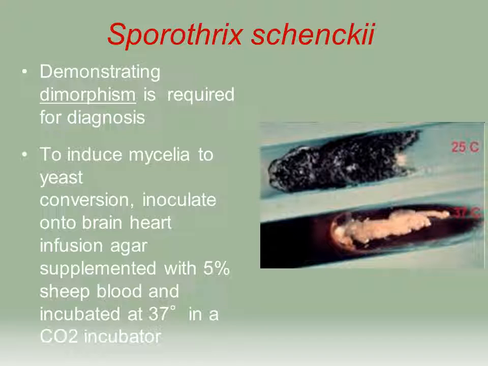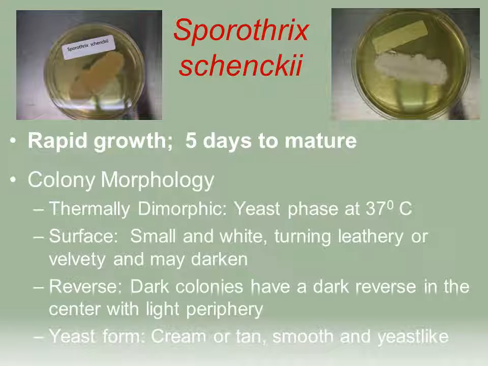This organism is fairly fastidious, and so as you're looking at it, the bottom tube, in any event, has been augmented with sheep blood in order to encourage it to grow. It is a rapid grower, and there you have the description of the colony and the yeast.